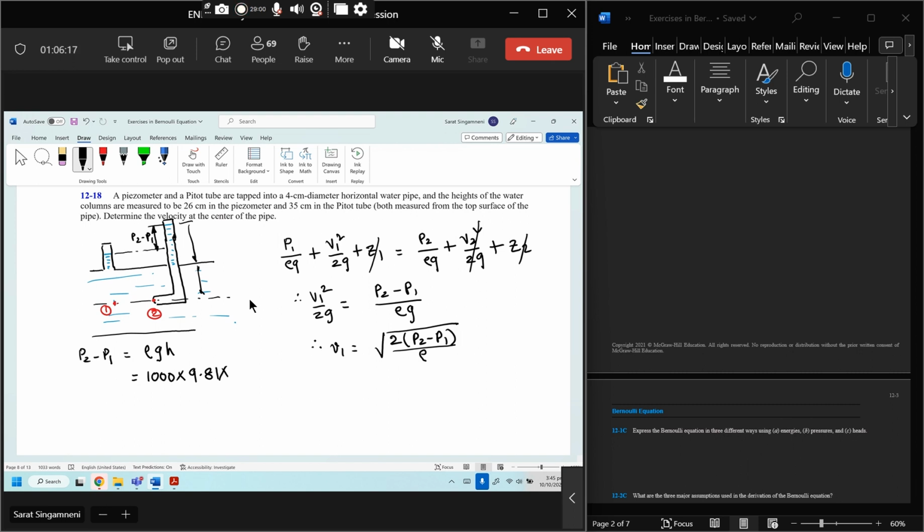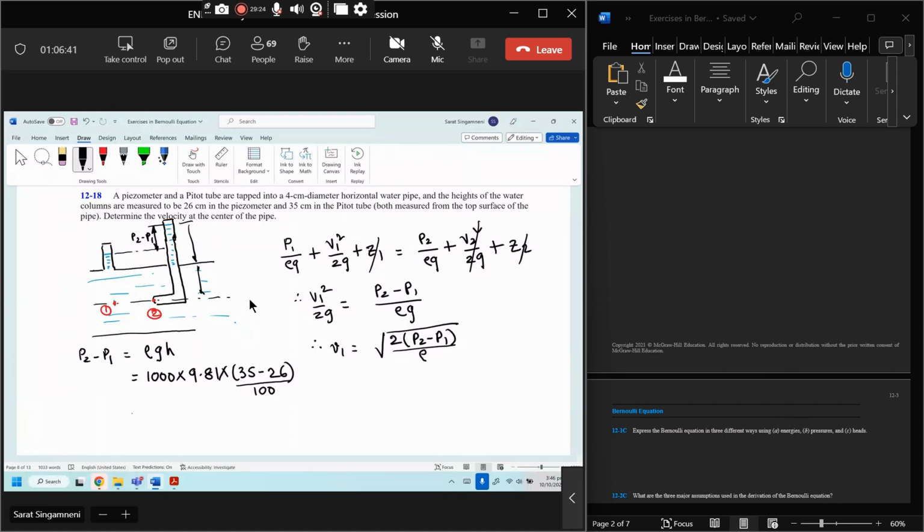The difference is 35 minus 26. But we don't like centimeters to go into that because the rest of them are in meters. You need to divide this by 100 to convert them into meters.